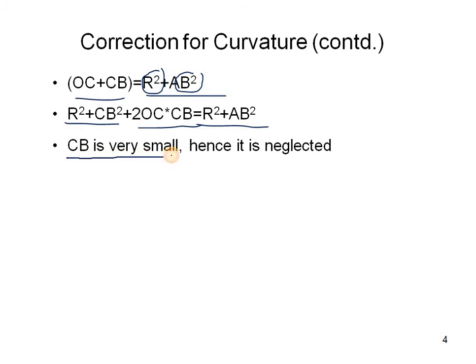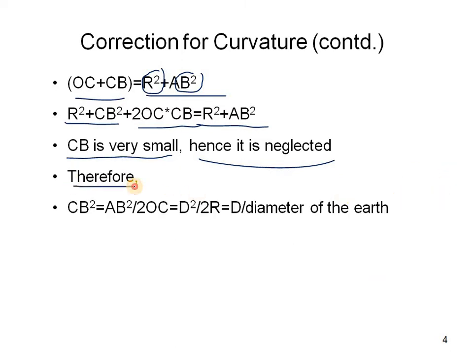Hence, CB is very small, hence it is neglected. We can see here that CB is very small in length, so we are not giving it preference. Therefore, CB is equal to AB square by 2OC, which is D square by 2R, that is capital D by diameter of the earth.